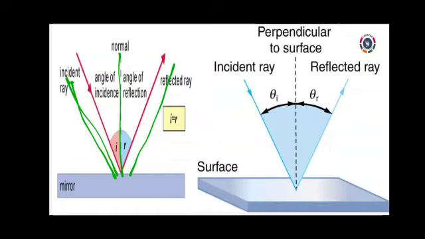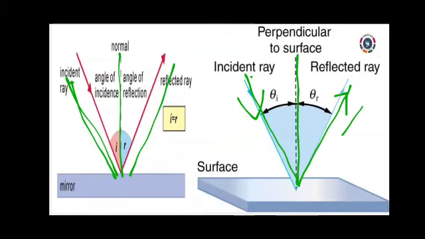Yes. What is the angle of incidence? This is the incident ray. It hits the surface and bounces back. This is the reflected ray, and we can draw the imaginary line. That time we can get the angle. Let's see what the angle of incidence is.